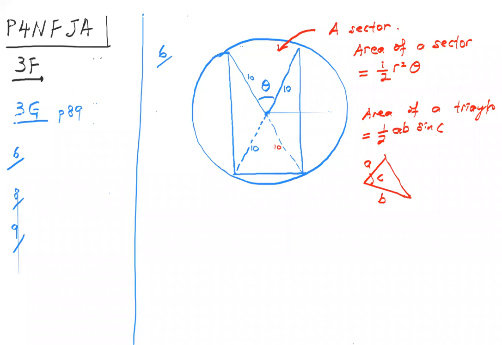And if you look at this diagram, this angle is pi minus theta. Am I right? So this triangle and this triangle are the same. And this one, the angle is theta. Are you okay? Okay.